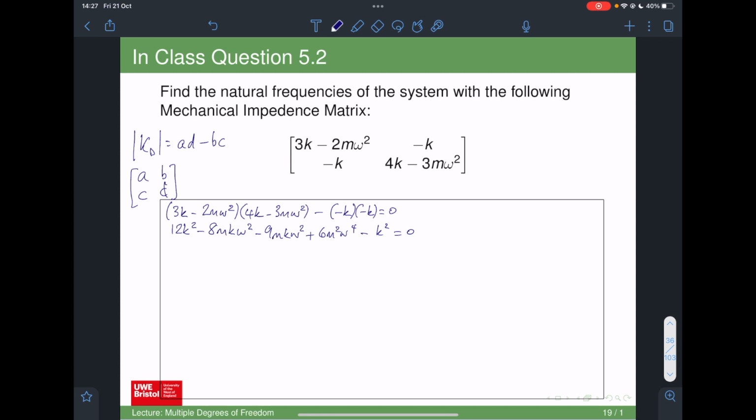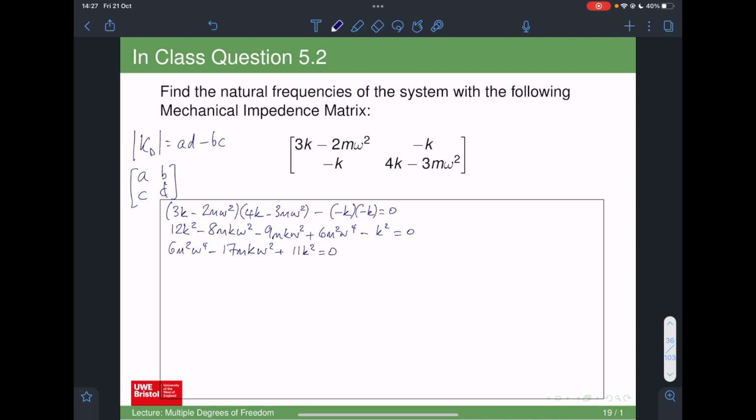So rearranging that, we've got 6 m squared omega to the power 4, minus 17 mk omega squared, plus 11 k squared equals 0. Do we all agree? Yeah?